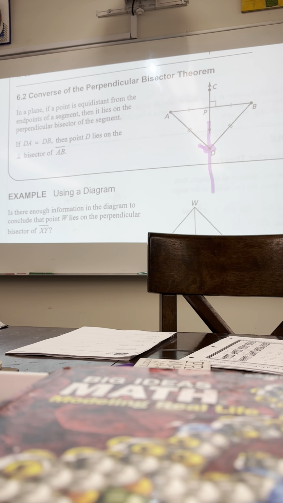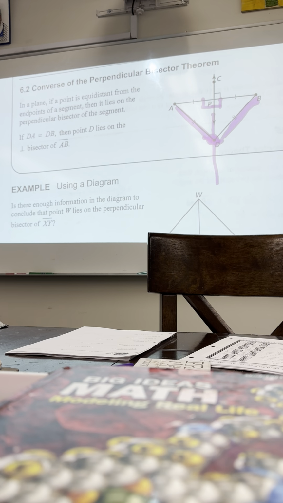However, it would continue through it, right? According to the theorem, these pieces being congruent tells us that it's on the perpendicular bisector. I'm going to give you some examples and we'll try to recognize which theorem we're using. Do you have questions?